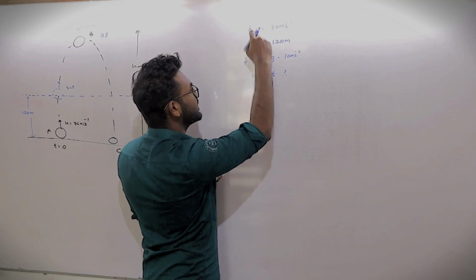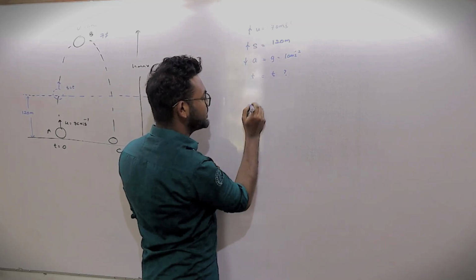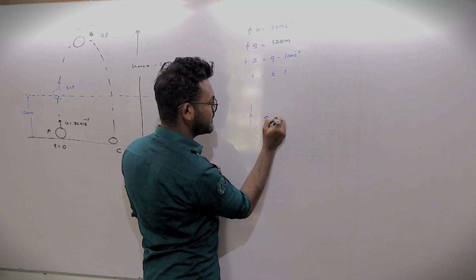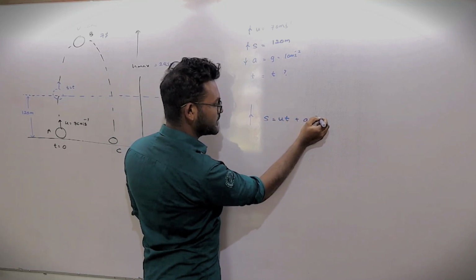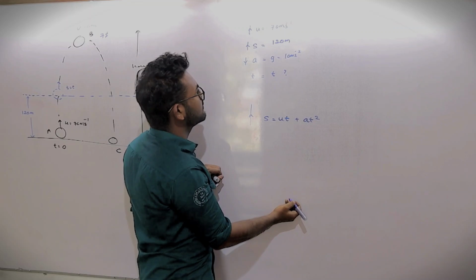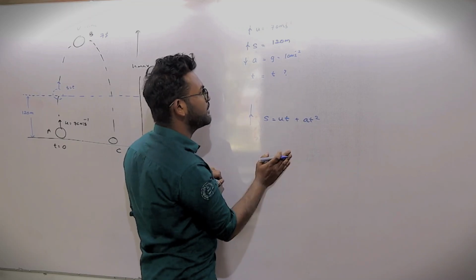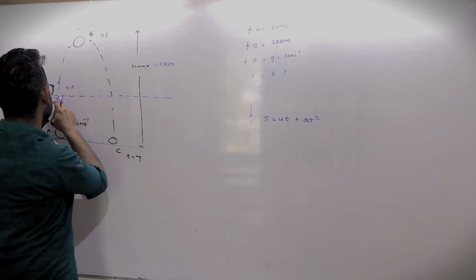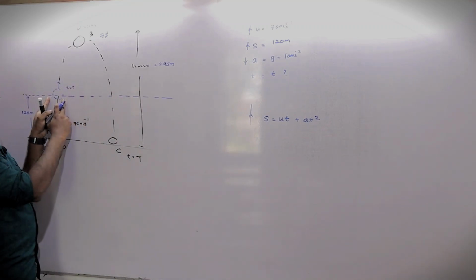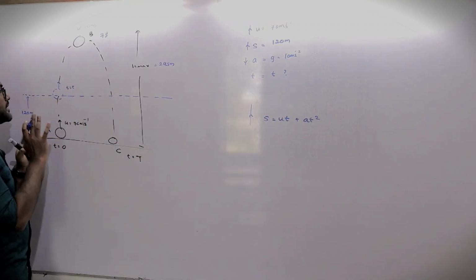Displacement and velocity are both upwards, so let's take everything upwards: s equals ut plus half at squared. That's the only formula I can apply, right? With this data. Do we know the final velocity here? No, right? Then initial velocity is known.